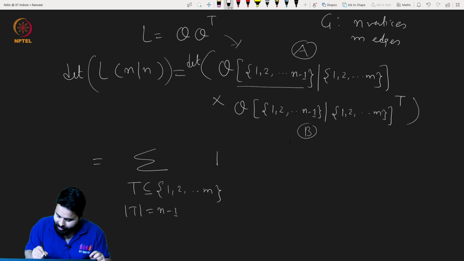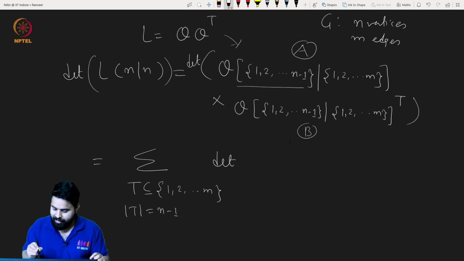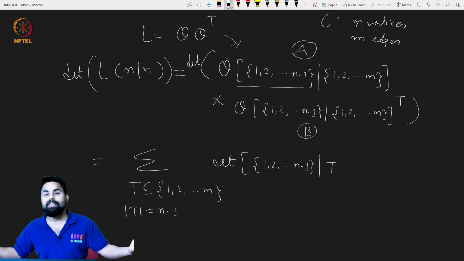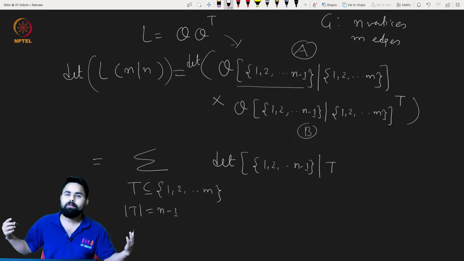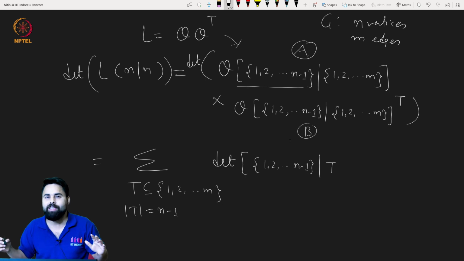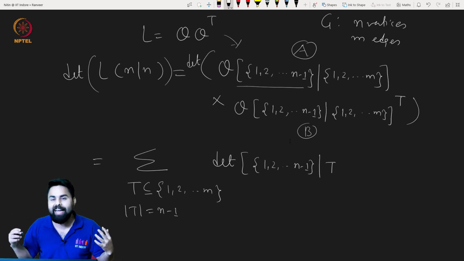Now overall possible T, I make use of the determinant of some matrix. You take all the possible rows, these n minus 1 rows, and T is kind of choosing n minus 1 columns. But the columns correspond to the edges, so it's like choosing n minus 1 edges from the graph.